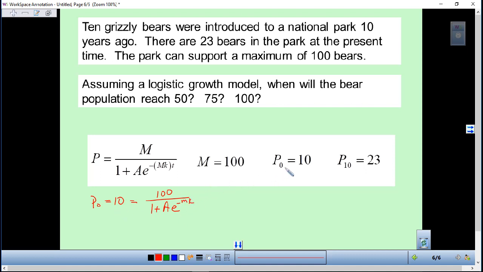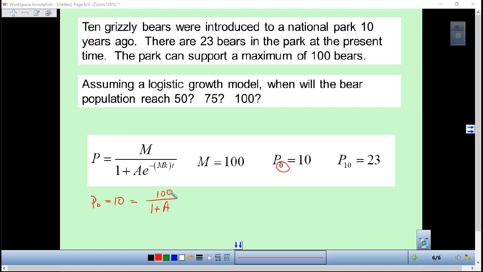And then what's the time? The time is 0. That's the whole purpose, that you've got to have an initial condition when time is 0. Because what does that 0 do to this power? It makes the entire power 0. And what's e to the 0 power? Well, that's just 1. So essentially what you're dealing with is that equation right there.